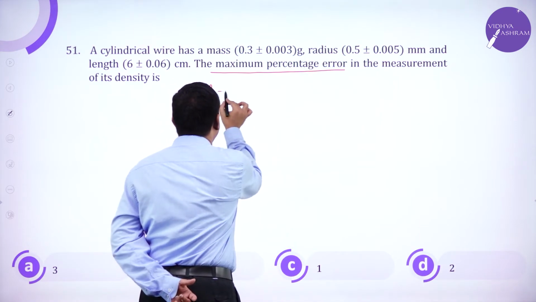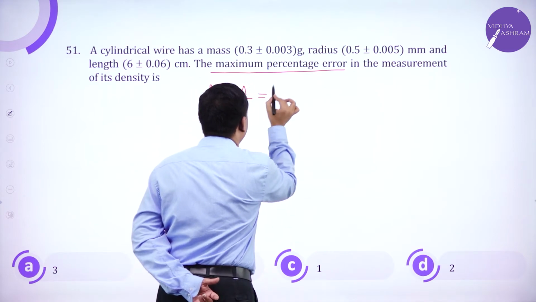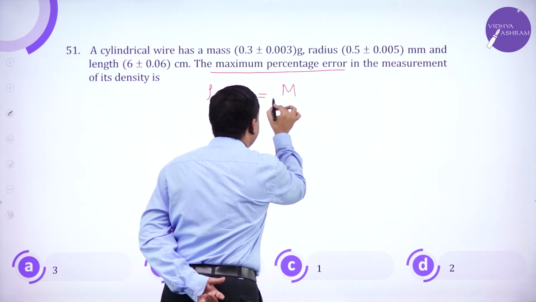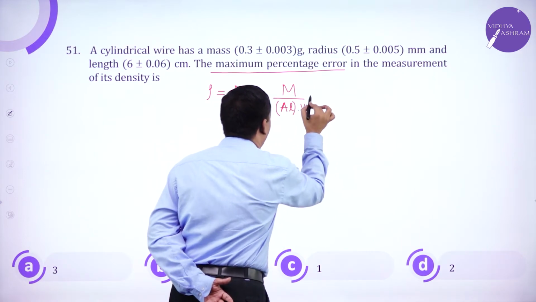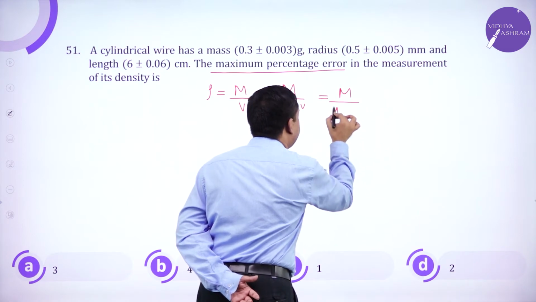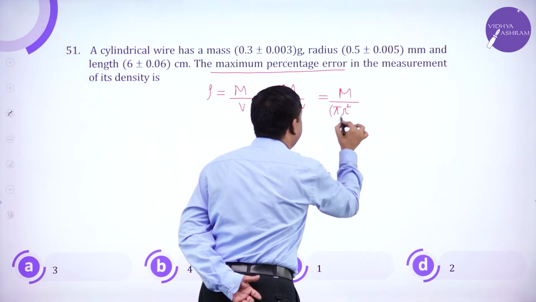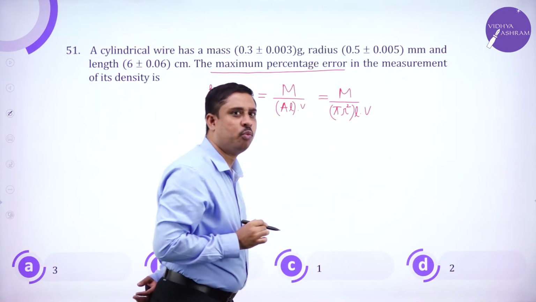We all know density is mass by volume, mass by area into length, or mass by pi r square into length.